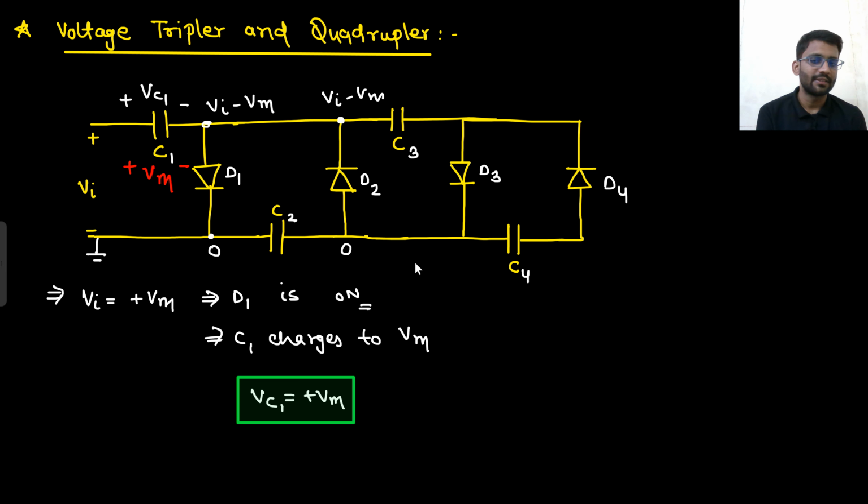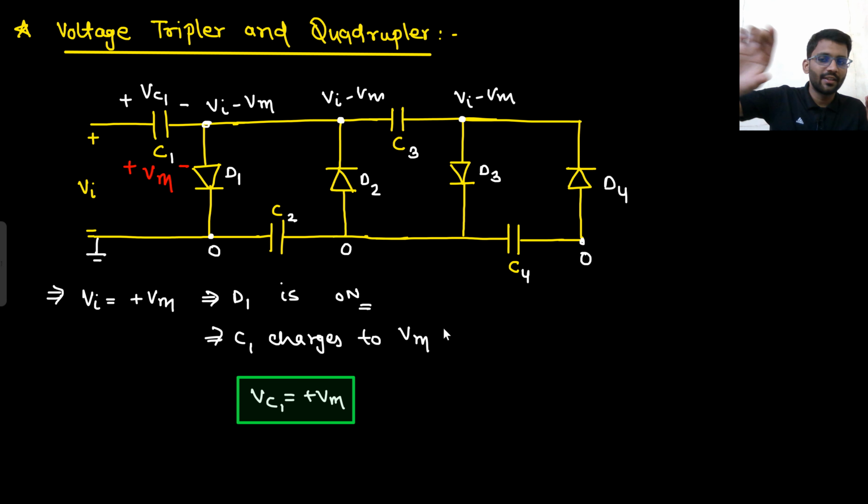Is there any initial charge on capacitor C3? No. Here also you are having Vin minus Vm. Any initial charge on capacitor C2, C4? No. So here you are having also 0. So across D1 what you are having? Vin minus Vm. Across D2? Vin minus Vm. Across D3? Vin minus Vm. Across D4? Vin minus Vm. But the directions are different. Are you getting this point?